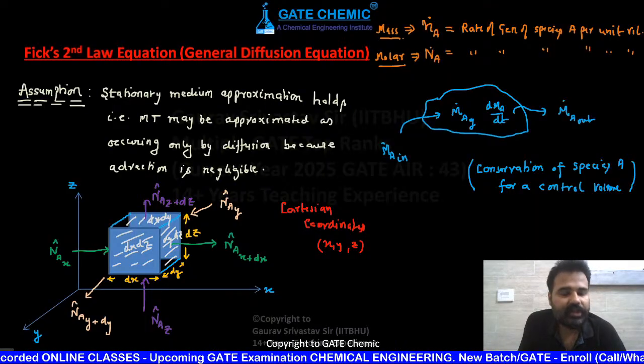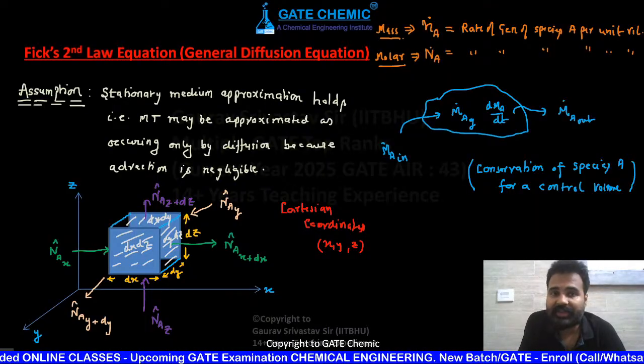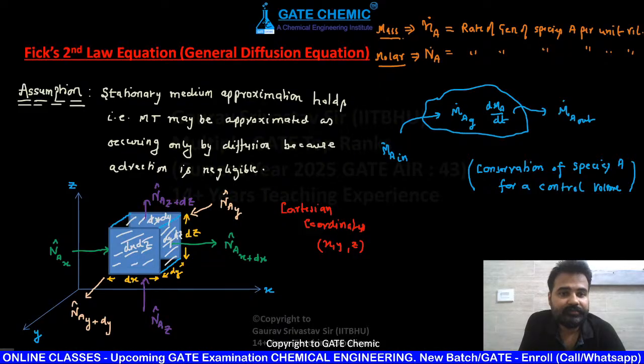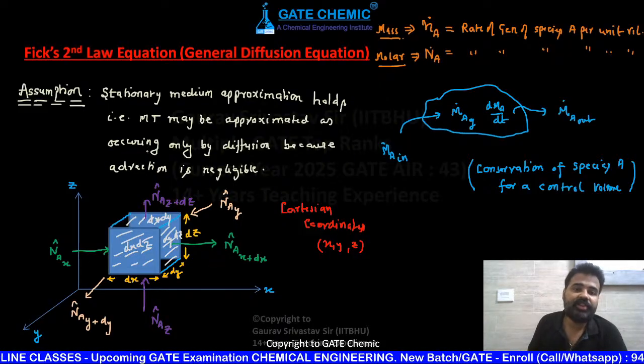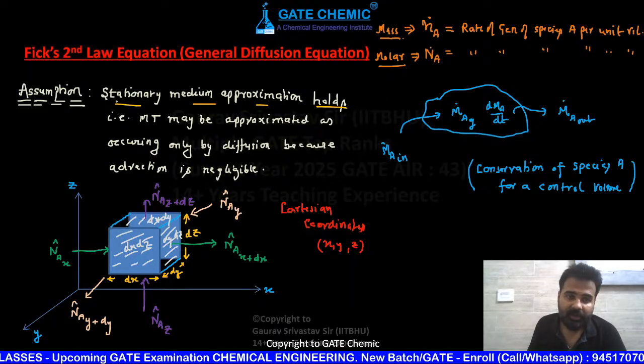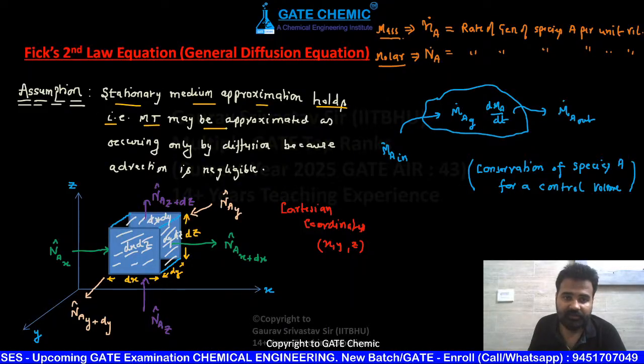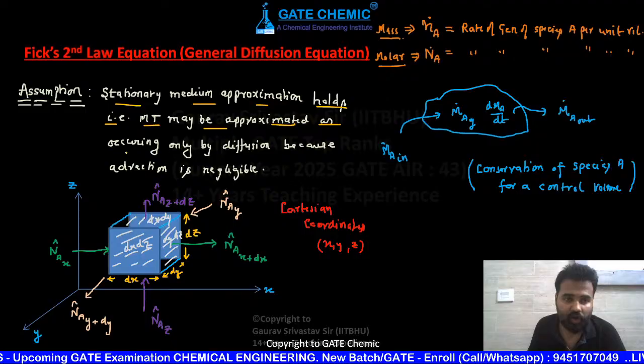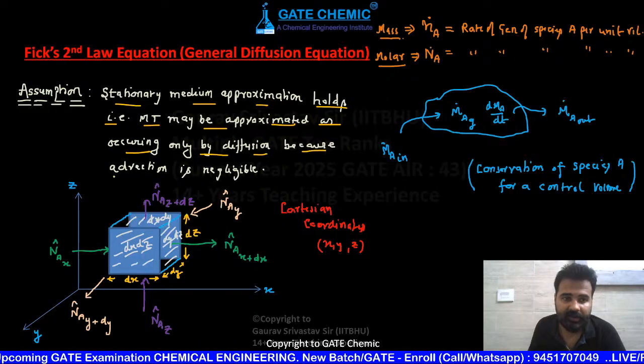In this derivation one assumption is there, that a stationary medium approximation holds. What is the meaning of a stationary medium? That is, mass transfer may be approximated as occurring only by diffusion, because advection is negligible.